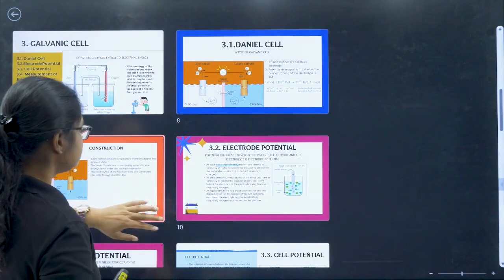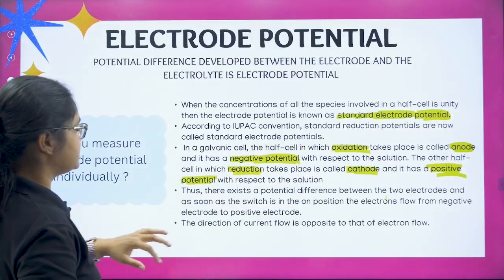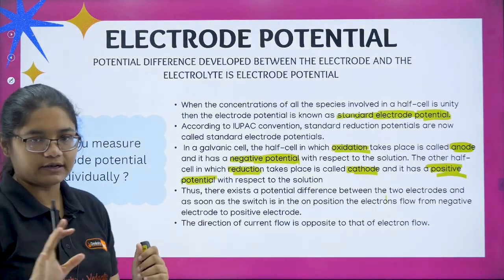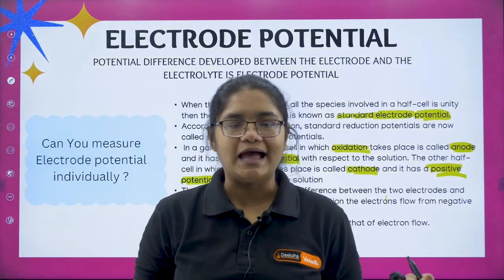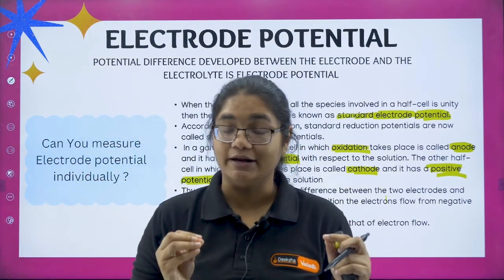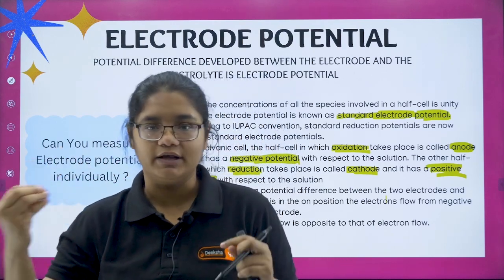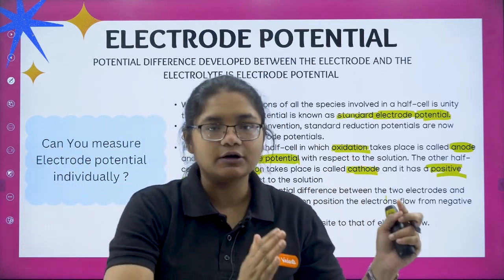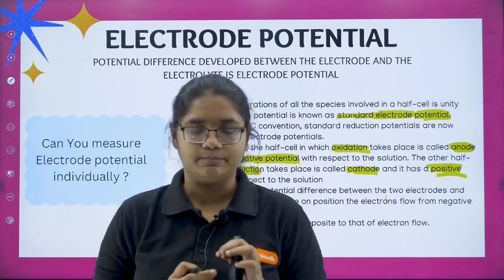Okay, so what we were discussing, yes, this is what we have understood till now. Let's quickly summarize. We have two types of cell. One is galvanic cell and one is electrolytic cell. Galvanic cell converts chemical energy to electrical energy. In a galvanic cell there are two chambers. One side there is oxidation, one side there is reduction.